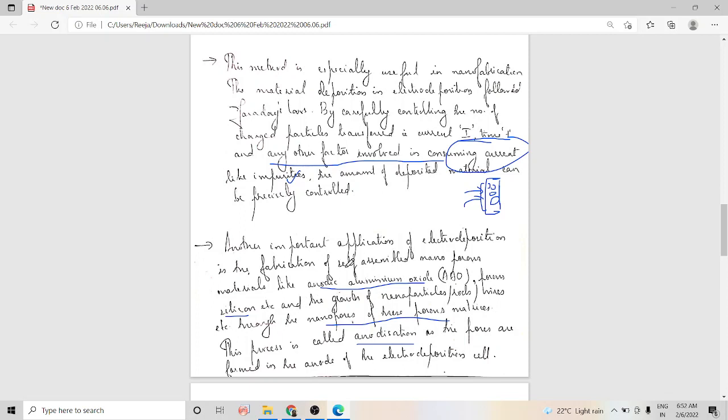That is, it is a fabrication of self-assembled nanoporous materials, where you grow nanoporous materials like anodic aluminum oxide and porous silicon. What is the use of such porous matrices? They are used for the growth of nanorods, nanowires, and other nanoparticles. And this process is called anodization, as pores are formed in the anode.